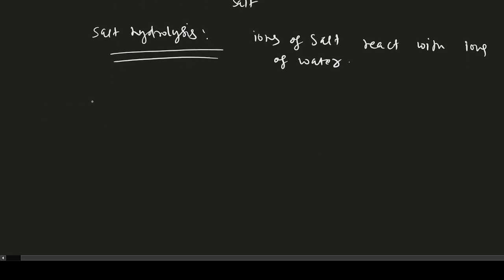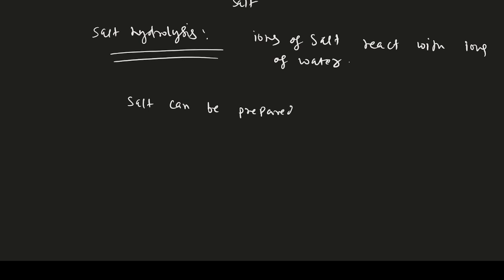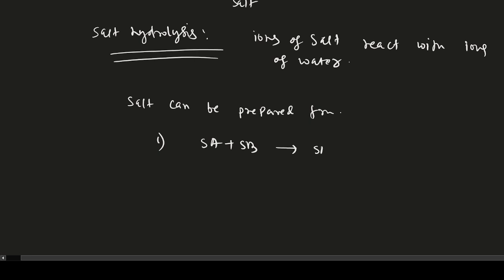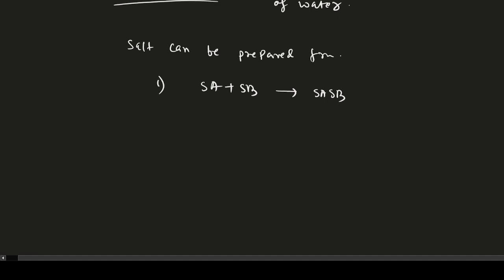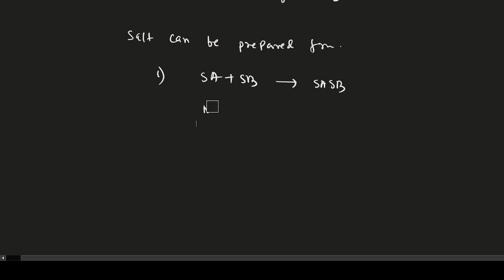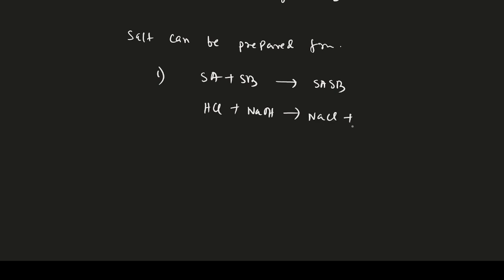So salts can be prepared from a strong acid plus a strong base, which gives a strong acid, strong base salt. For example, HCl prepared with NaOH gives NaCl plus water.